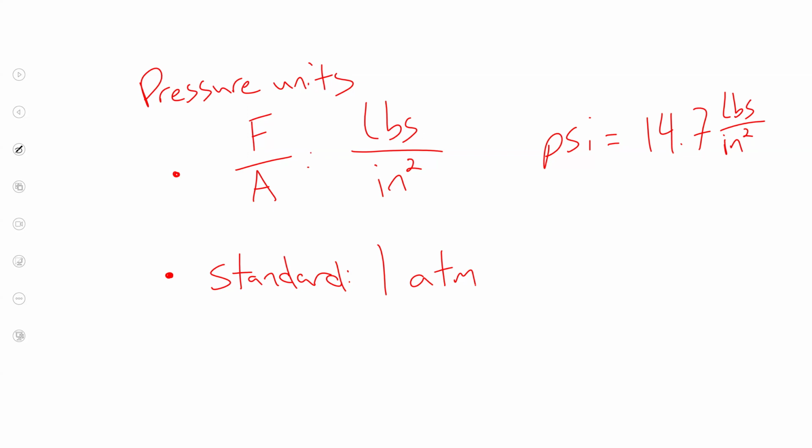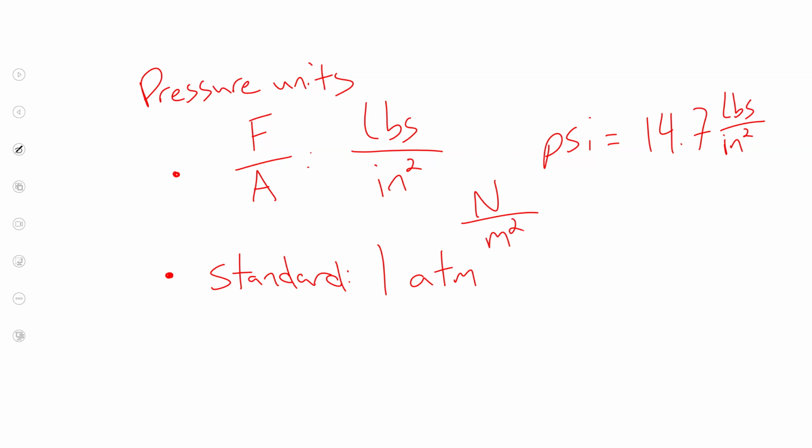What other force or area units could we use? We don't really want to use imperial units if we can help it, right? What are the metric units for area, for starters? So the metric unit for force is a Newton, and the metric unit for area is a square meter.